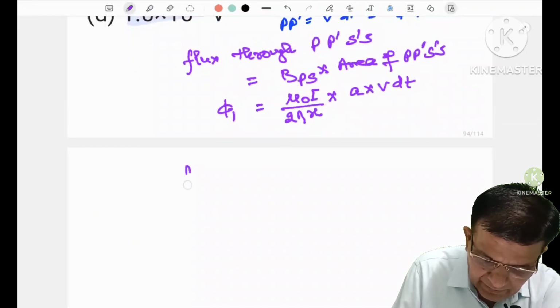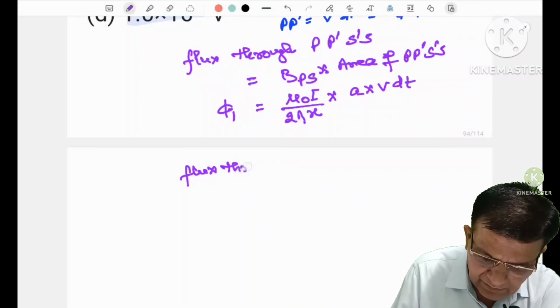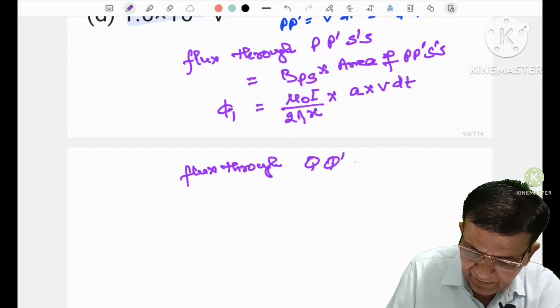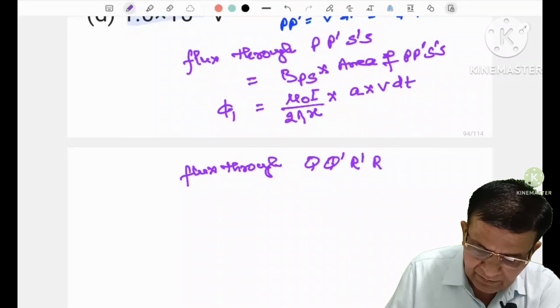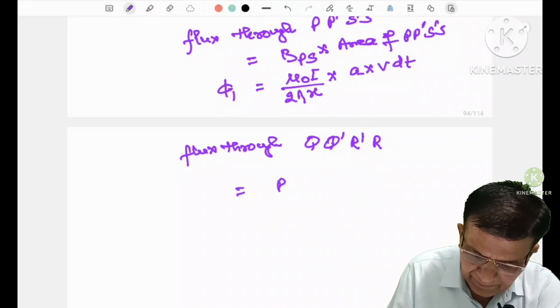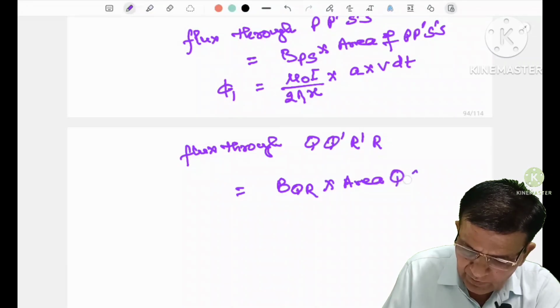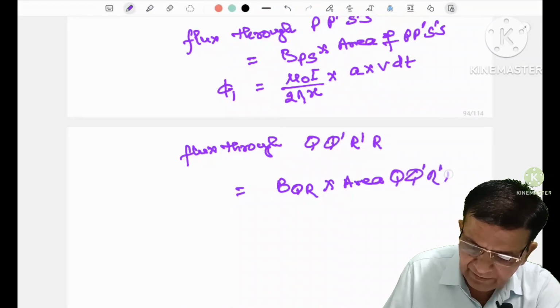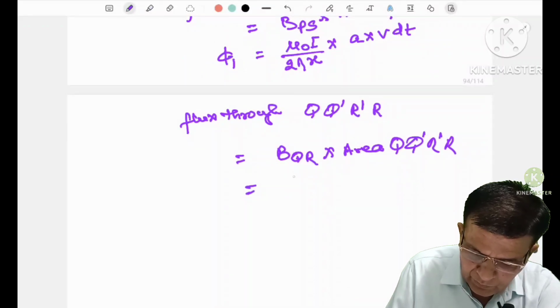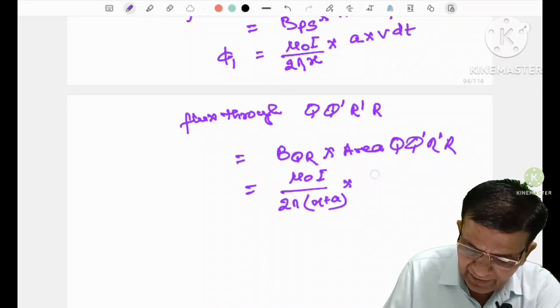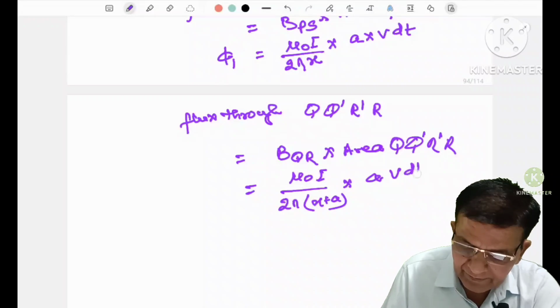Flux through Q dash R section is equal to BQR into area of Q dash R, μ0 I upon 2 pi x plus A into A V dt.